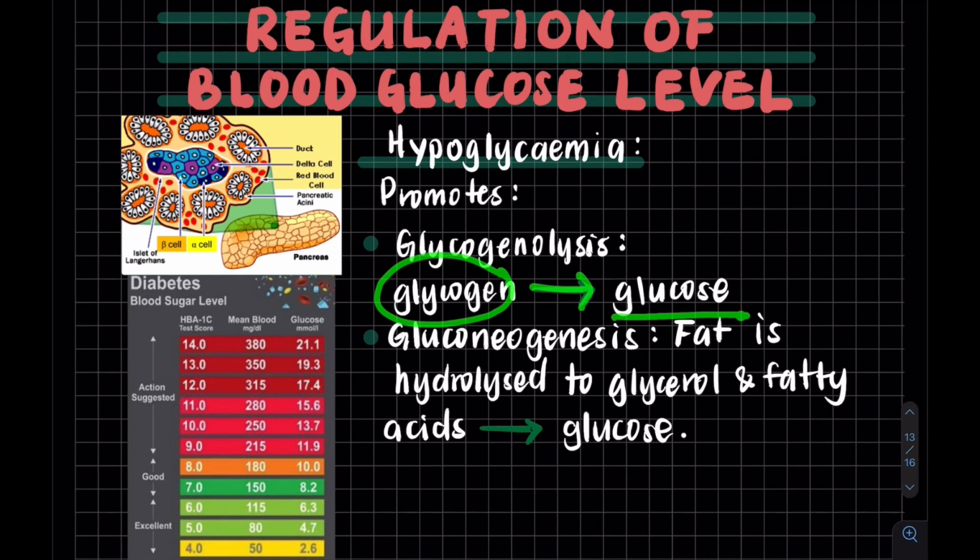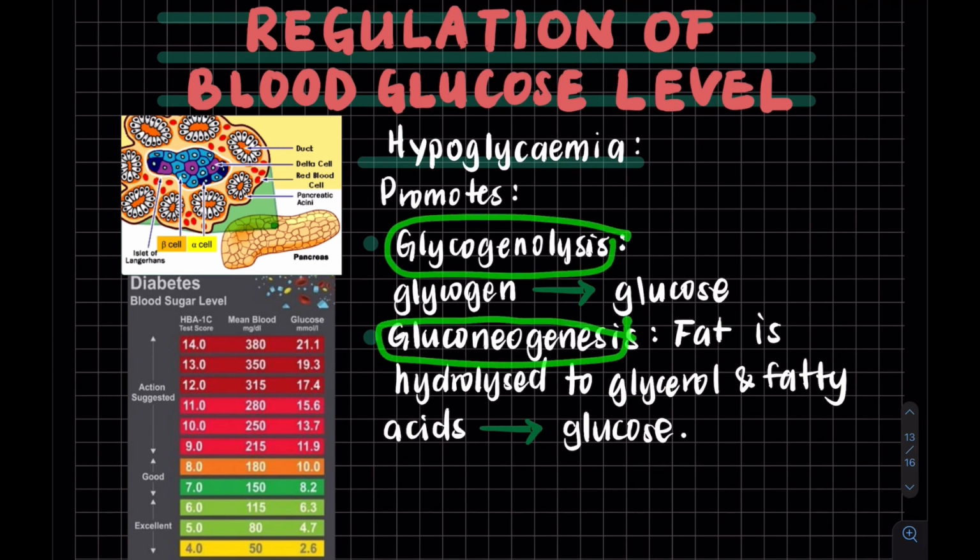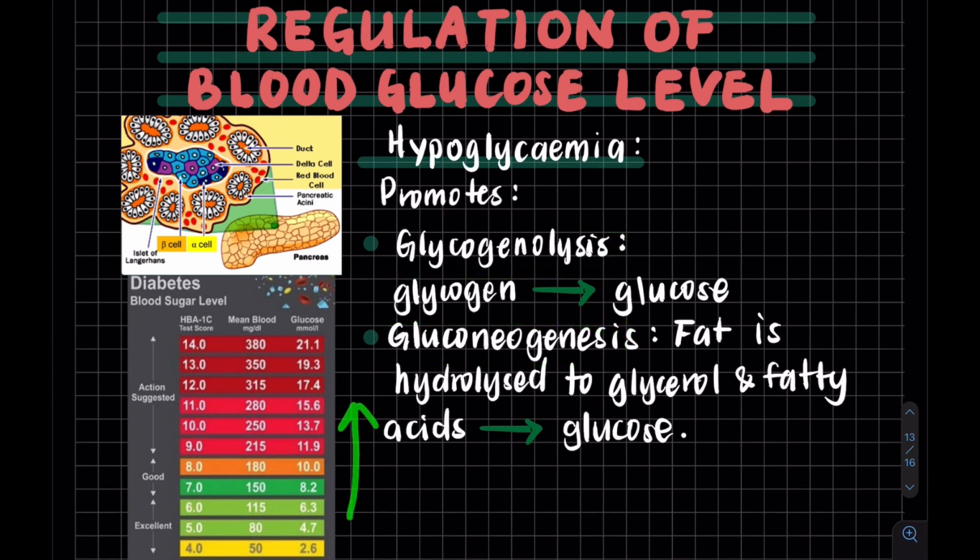Glucagon will also promote gluconeogenesis in adipose tissue, where fat is hydrolyzed to glycerol and fatty acid and then converted to glucose. Glucose from both glycogenolysis and gluconeogenesis will enter the blood and increase the blood glucose level.